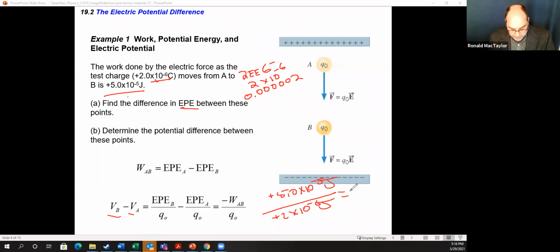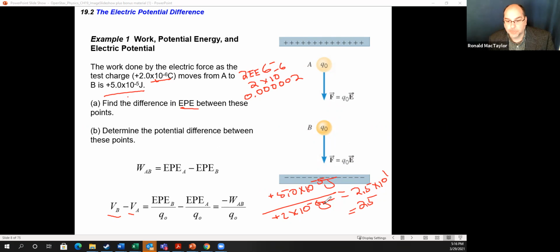When I do that on my calculator, 5EE 5 negative divided by 2EE6 negative, I get 2.5 times 10 to the first, which is also 25 what?